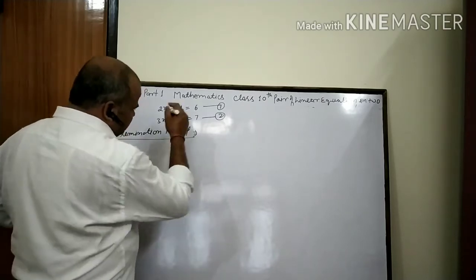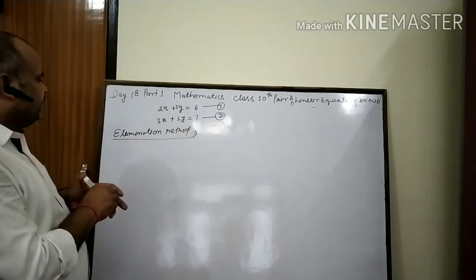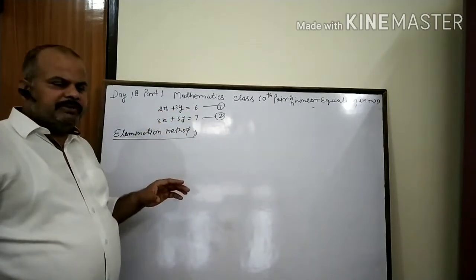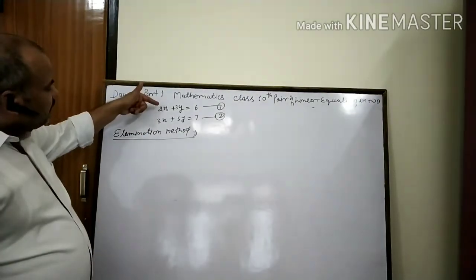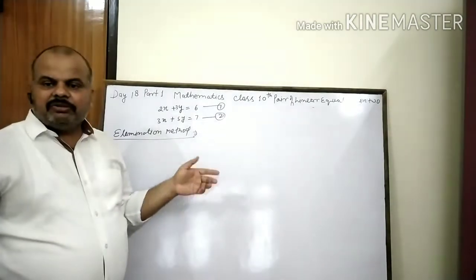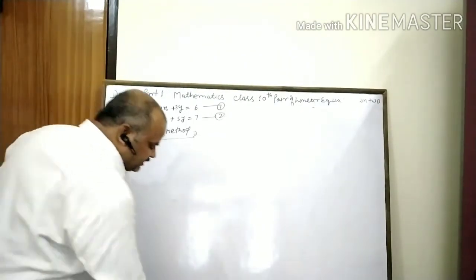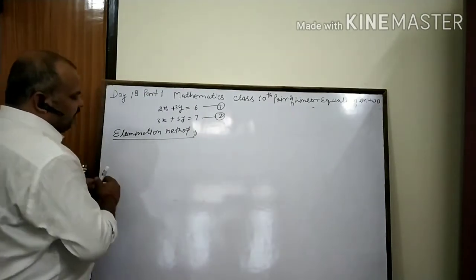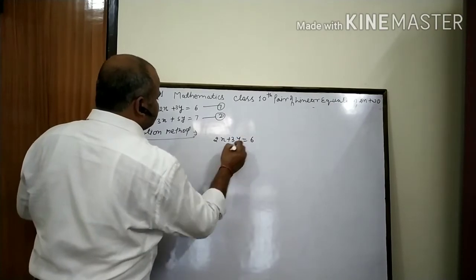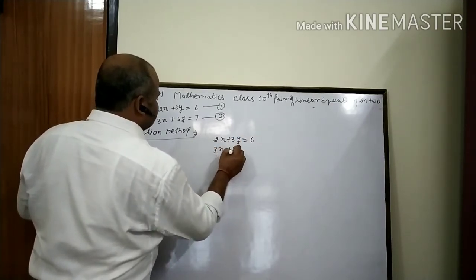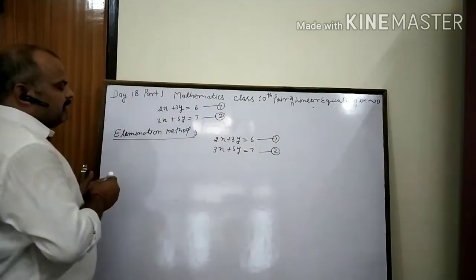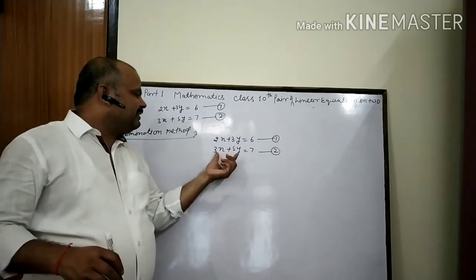Suppose in this question you see 2x plus 3y is equal to 6 and 3x plus 5y is equal to 7. In this case the coefficients of x and y in both equations are not equal, and if you want to solve it, first of all we write 2x plus 3y is equal to 6 as equation 1 and 3x plus 5y is equal to 7 as equation 2. Here we equate the coefficient of either x or y.